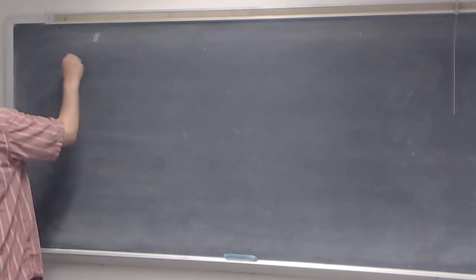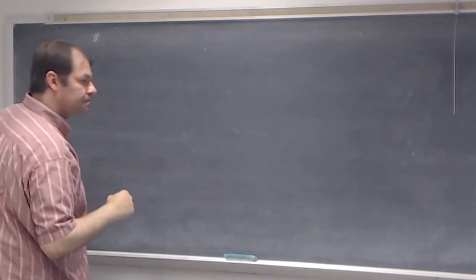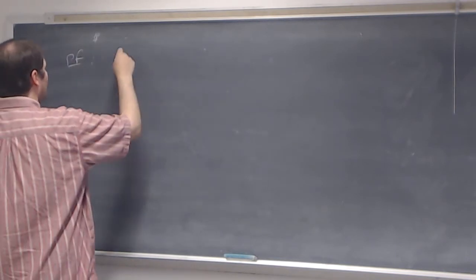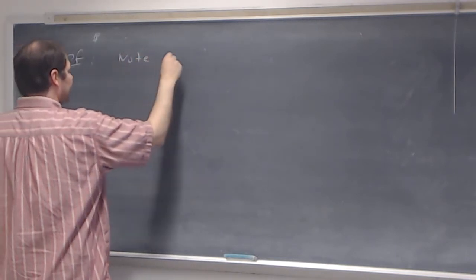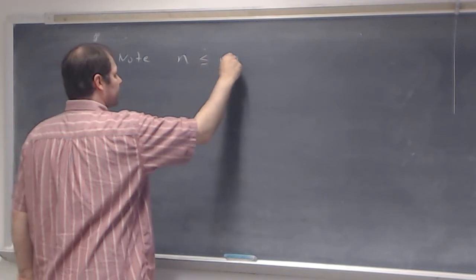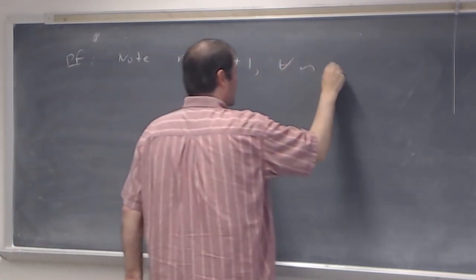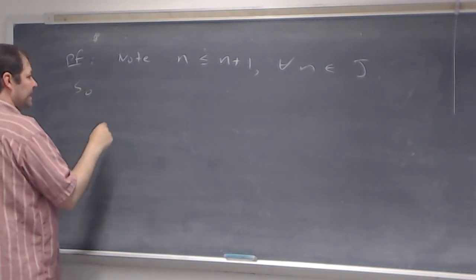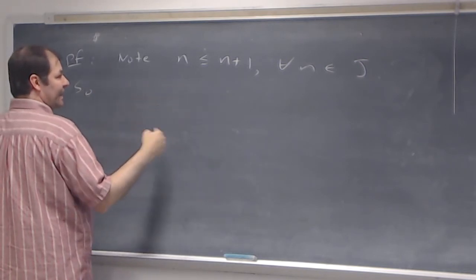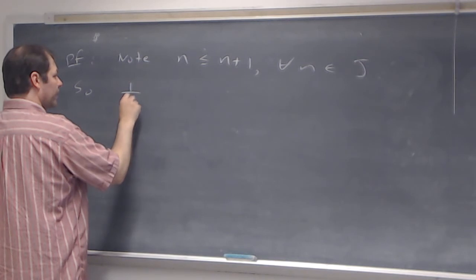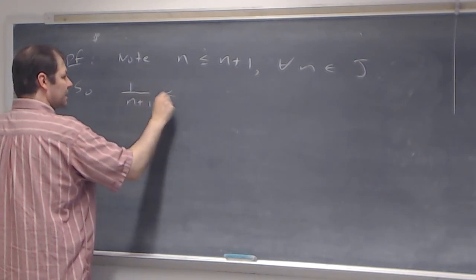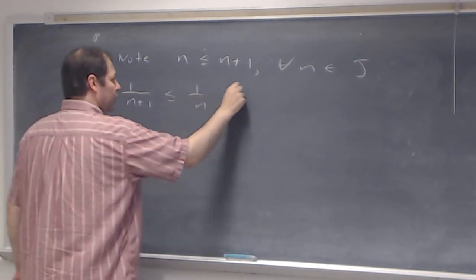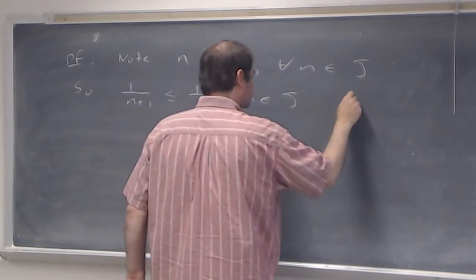So here's the proof. Well, note, as we said before, n is less than or equal to n plus 1 for all n elements J. So this means that if we divide by n times n plus 1, we're going to get 1 over n plus 1 is less than or equal to 1 over n for all n elements J.